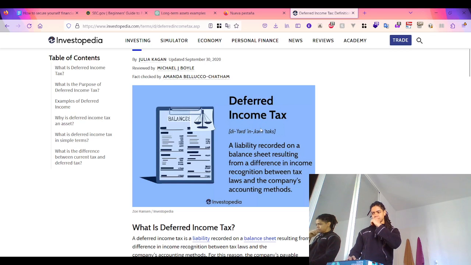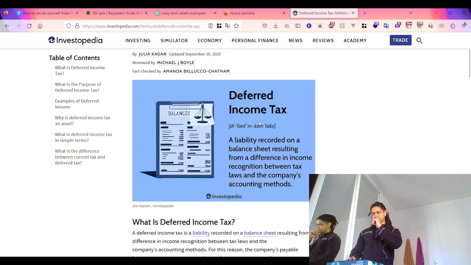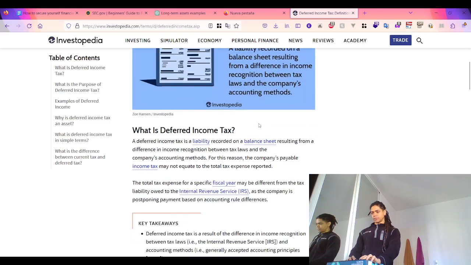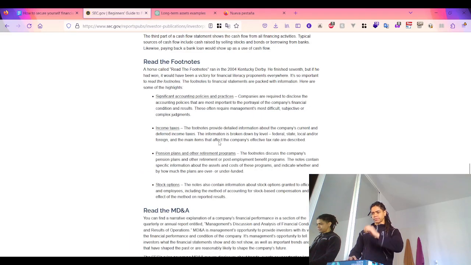Exactly, it's a liability. The information is broken down by level: federal, state, and local.